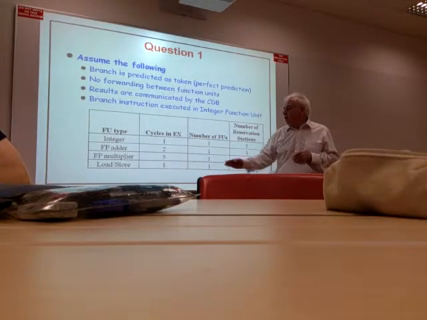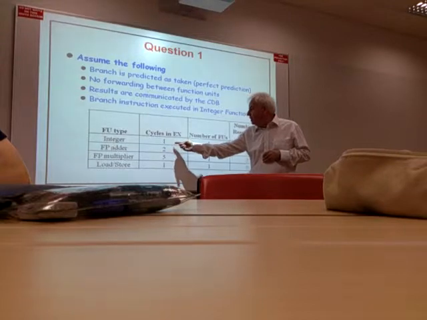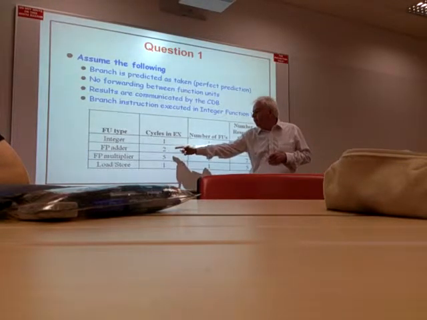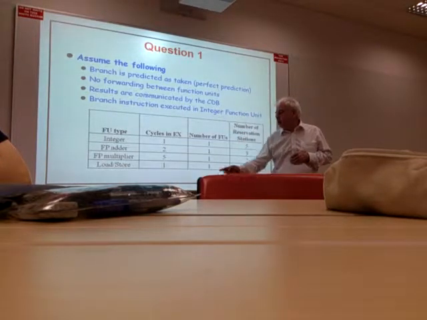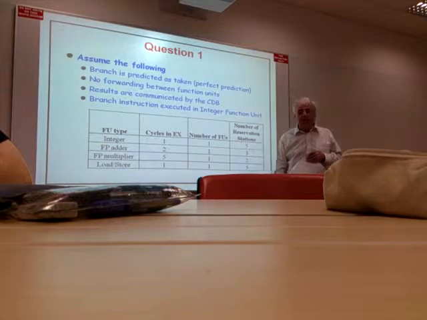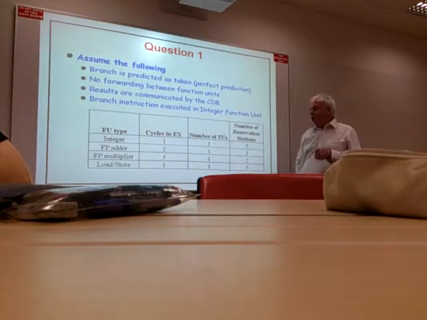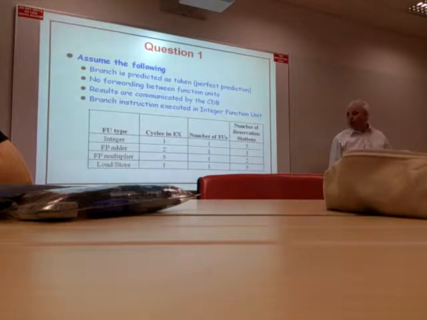So we assume that the integer function unit takes 1 clock cycle. We assume that the floating point addition takes 2 clock cycles. The floating point multiply takes 5 clock cycles. And a load and store operation takes 1 clock cycle.